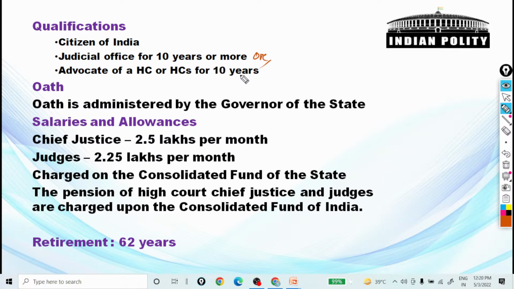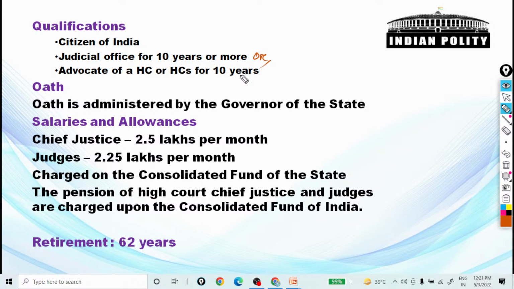And also, a common lack in the qualifications for the judges of Supreme Court and High Court is that no basic minimum age qualification is required. Any change in the qualifications can be made by the Parliament through an act. So that is called your qualifications.